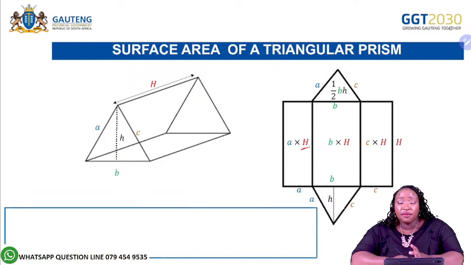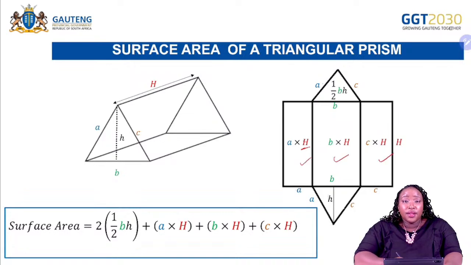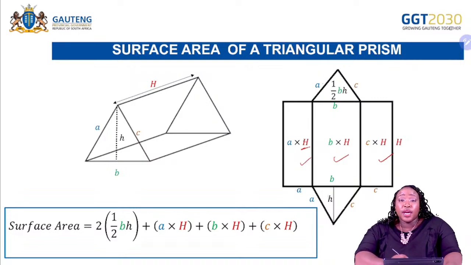Because when we calculate surface area, we are actually adding all the areas that make up the object. So surface area will be the area of the two triangles plus the area of the first rectangle plus the second one plus the third one, A, B, and C. So we would add those areas.